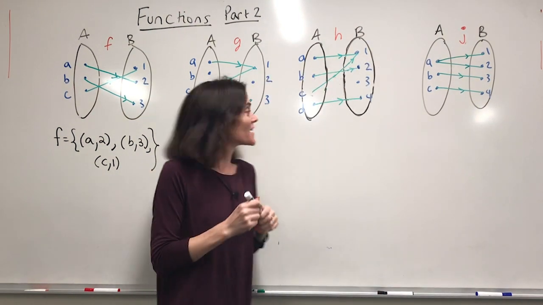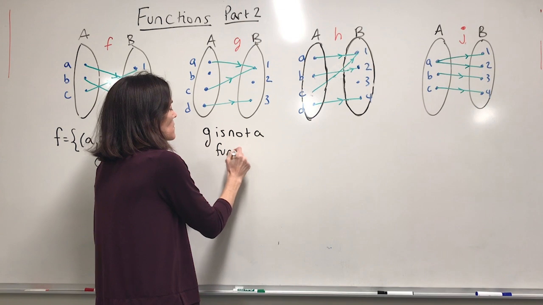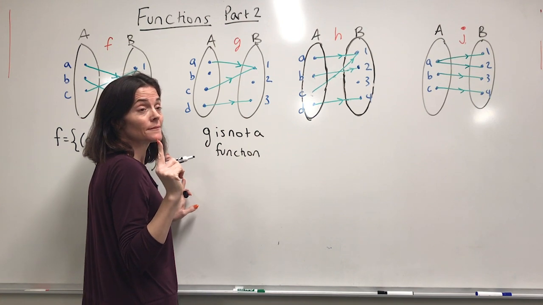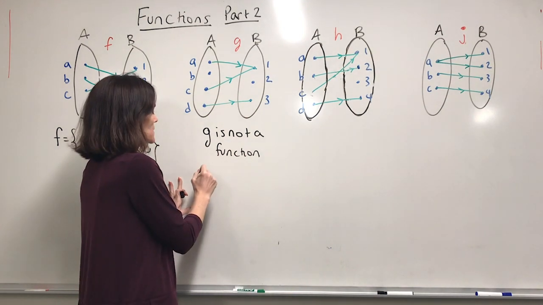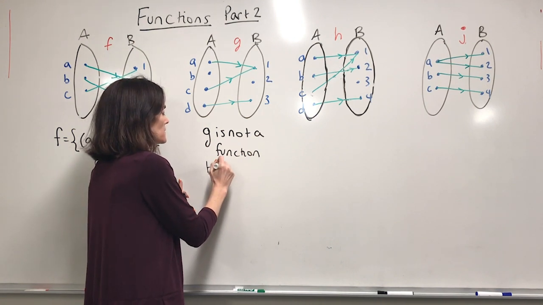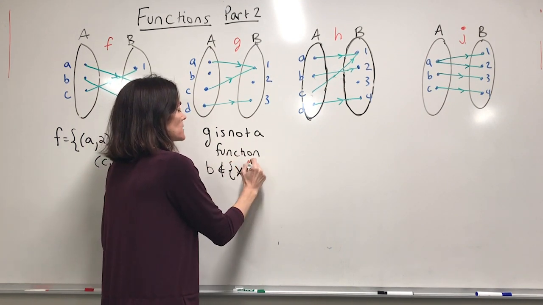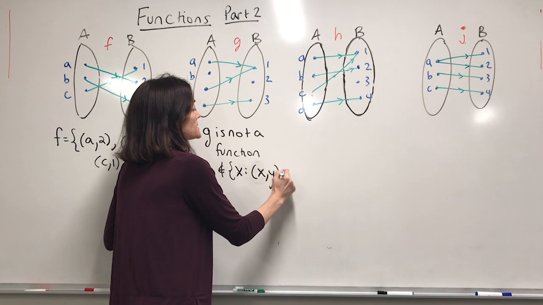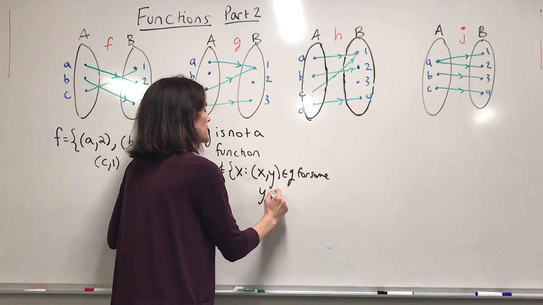So G is not a function, because the set of first coordinates in ordered pairs is not all of A. You could write it as: b is not in the set of all first coordinates, {x such that (x, y) is in G for some y in B}.